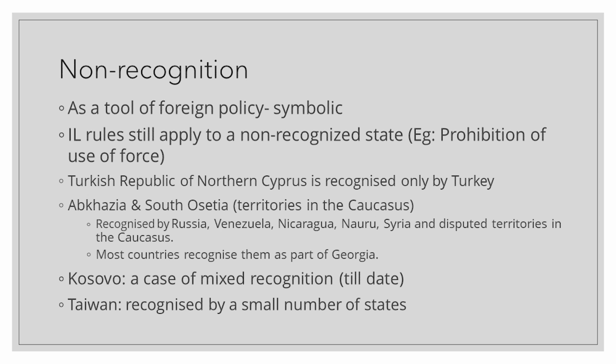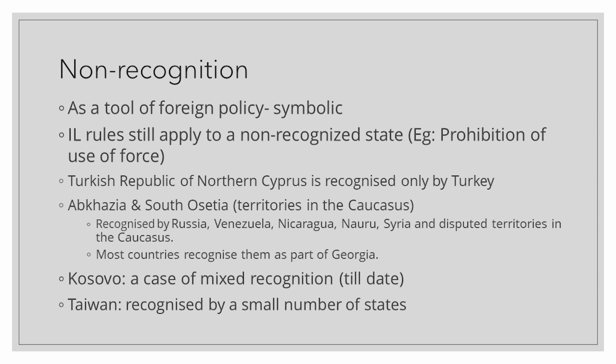No, international law still prohibits use of force for a state which is not recognized as a state. In the eyes of international law, if it has been formed as a state, it is a state in the eyes of international law. Right?